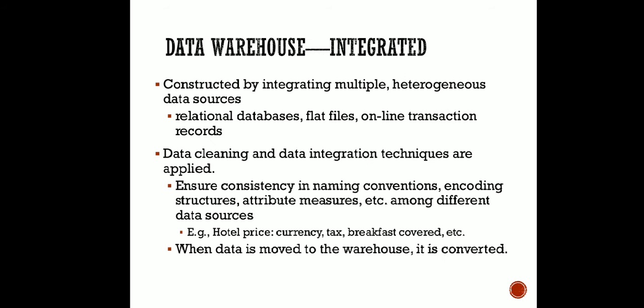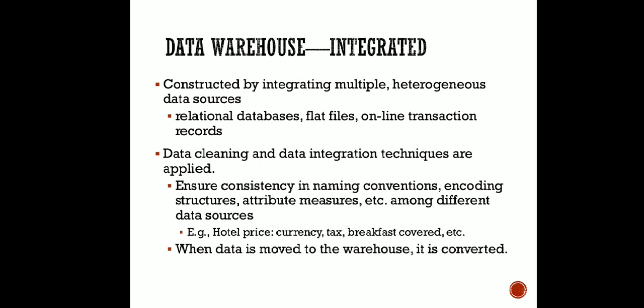Fine. So if we focus on the next property now, that is integrated, again I don't think it needs re-explanation, because we have already learned about integration. Since my data warehouse is such a storage area which is going to collect data from different sources, we have learned that it needs to integrate the data, right?